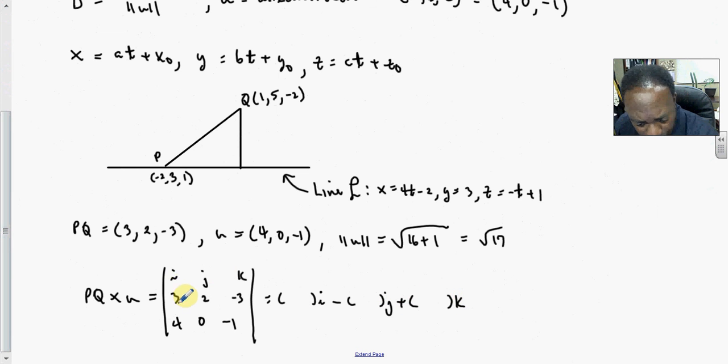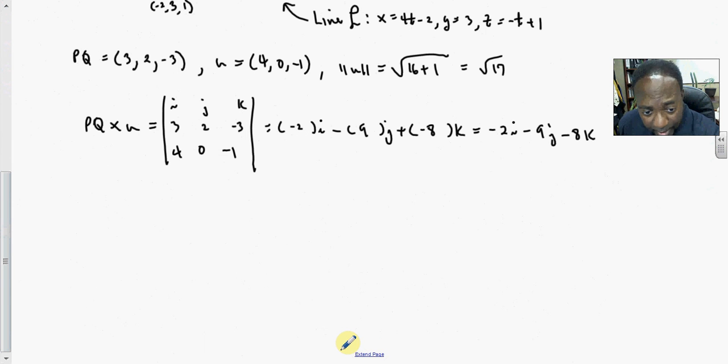Delete the i row and column, so we get -2. For j, delete the j row and column, so we get -3 minus -12, which is -3 plus 12. So we get 9. And then for k, delete the k row and column, so we get 0 minus 8, -8. So this is -2i minus 9j minus 8k.